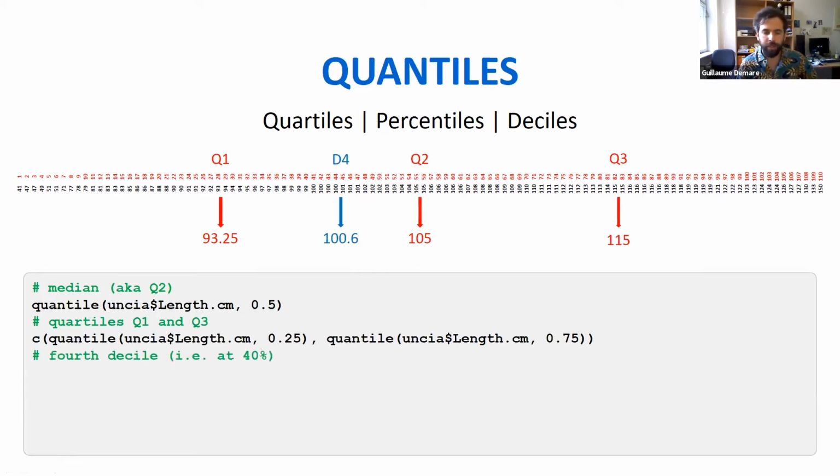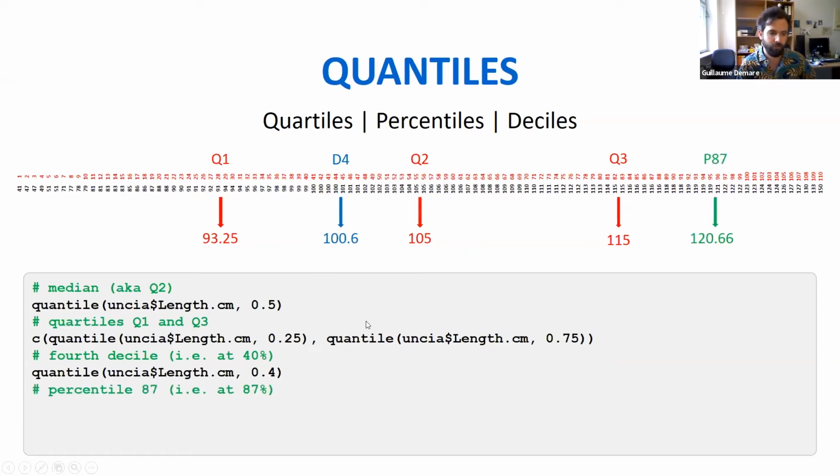Apart from quartiles, we can also talk about deciles. If you divide your data in 10 chunks and you see what values fall at the boundaries, the fourth decile would be at 0.4, of course, and that value would be 100.6.